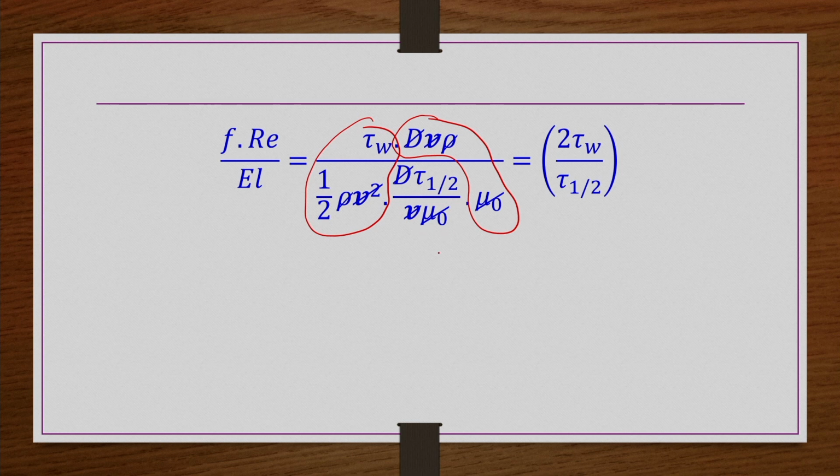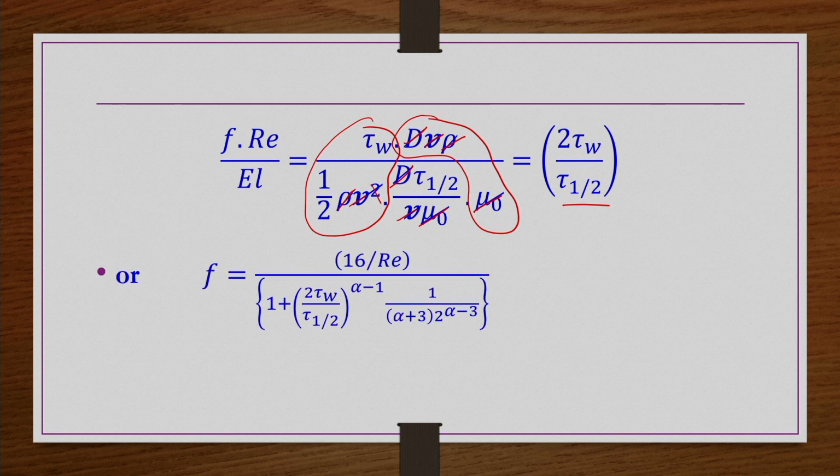Now the square of V and this V cancel out, D cancels out, rho and rho cancel out, and mu naught also cancels out. So what you have is 2 tau W by tau of. So f Re by EL we can write in the previous equation as 2 tau W by tau of. Then f we can also write like this.